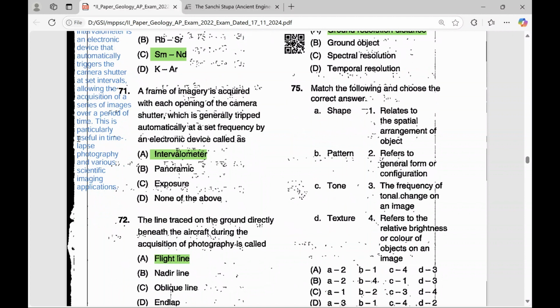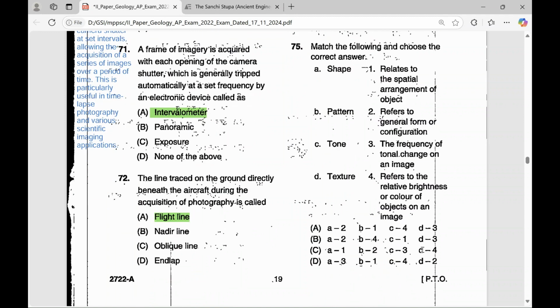Next, match the following and choose the correct answer. Shape, pattern, tone, texture. These are the elements of image interpretation, right? So the first option relates to the spatial arrangement of the object, refers to the general form or configuration. The frequency of tonal change on an image. Refers to the relative brightness or color of objects on an image. So match the following and find out the correct answer.